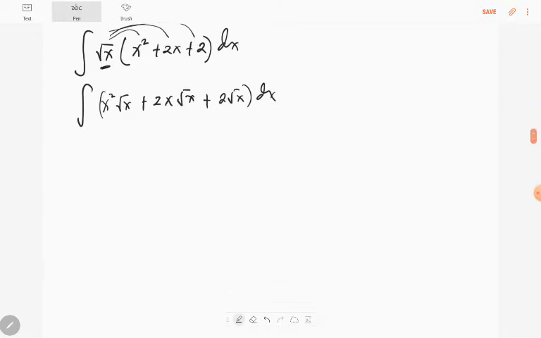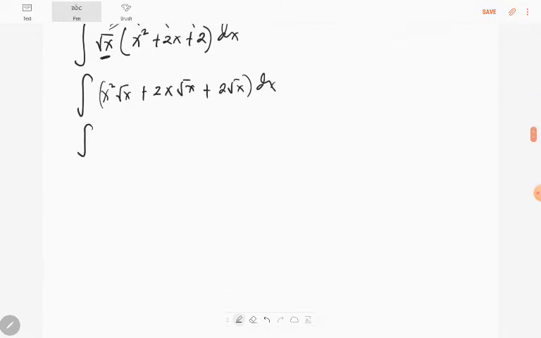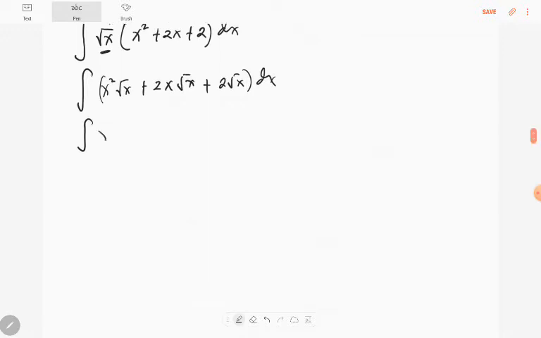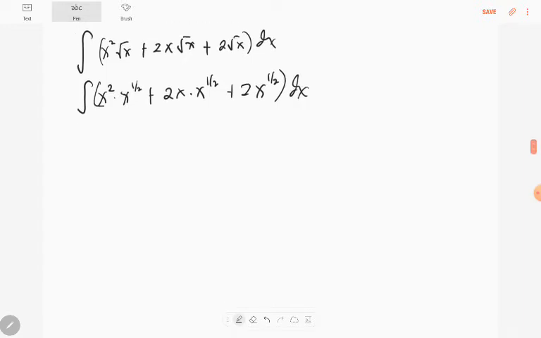Now what we can do is change the radical to rational exponents, right? So you have x squared times x raised to 1/2 plus 2x times x raised to 1/2 plus x raised to 1/2. Again, we have to simplify.